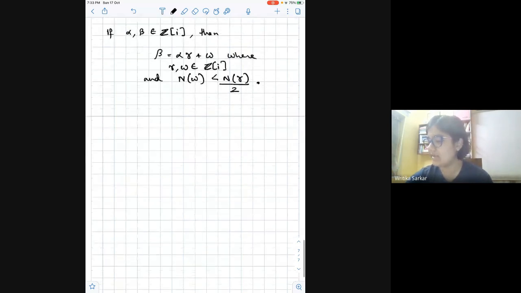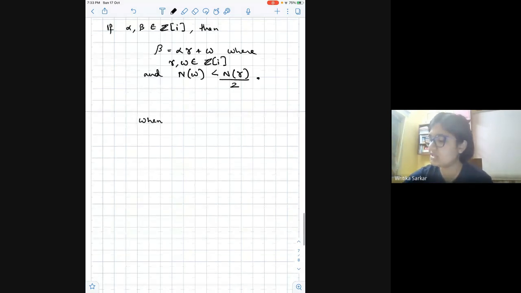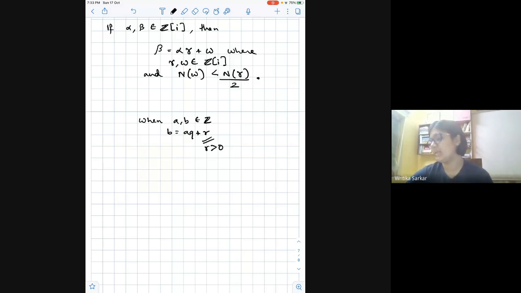I'll say why. When we talk about the division lemma for the integers, when a, b belong to integers and we write b is equal to aq plus r, we're just taking r to be positive. So that's why we get 0 less than or equal to r less than a.